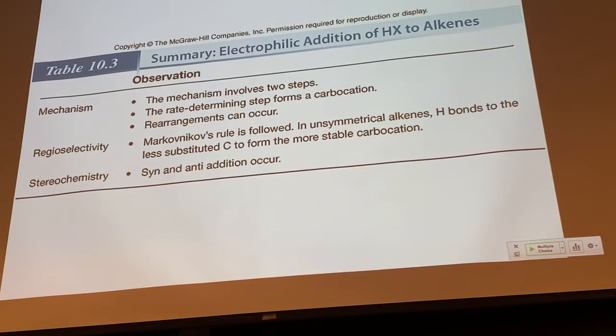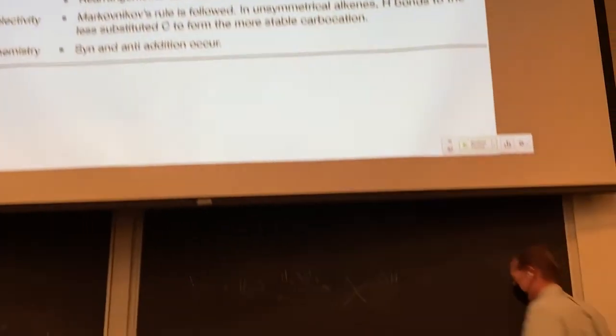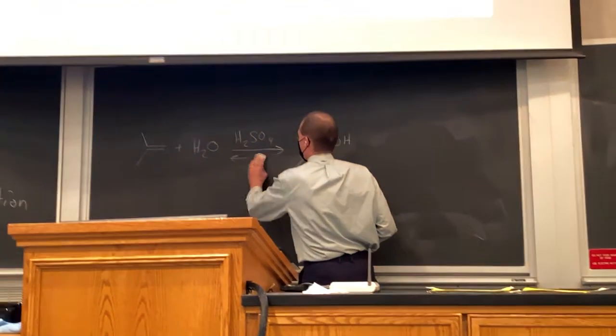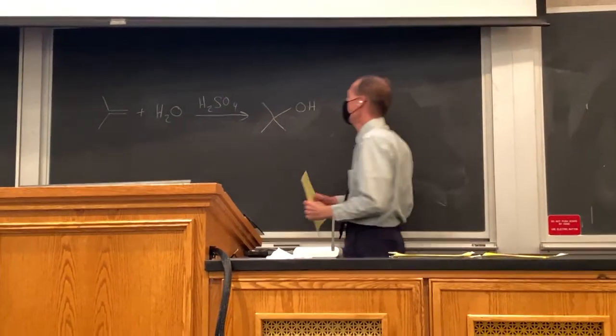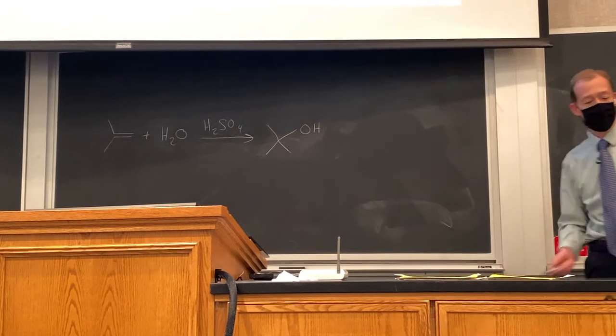So our next reaction that we're learning is the hydration reaction. Okay, and I forgot to erase this arrow. I'll put that in later. But we're discussing the forward reaction currently.